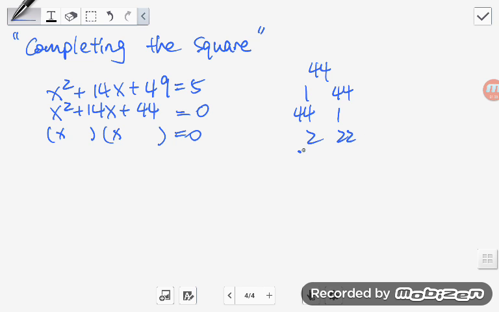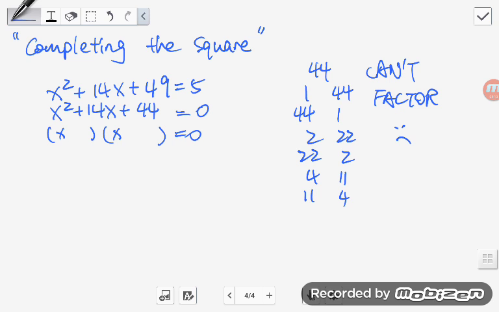What else? Maybe 4 and 11, or 11 and 4. But if I add or subtract them, I don't get anything close to 14. So there are really no other combinations I can use, which means I cannot factor this.